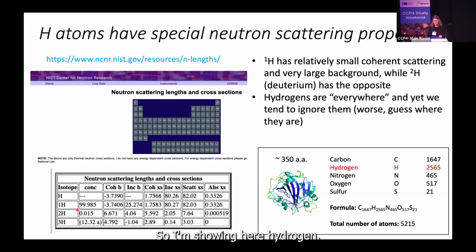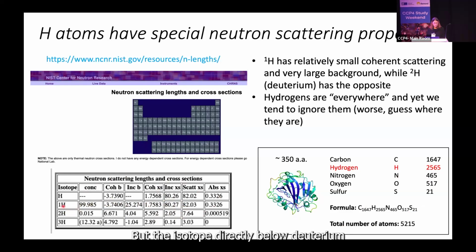So I'm showing here hydrogen. First off, we can see that it has a very large incoherent cross section, which is bad news. Your protein is full of hydrogen. Roughly 50% of atoms by count in a protein are hydrogens. And when you have this large of an incoherent cross section and not a very large coherent scattering length, this can really cause problems in your experiment.